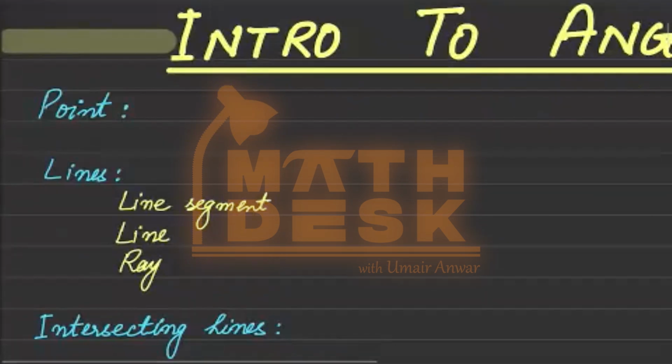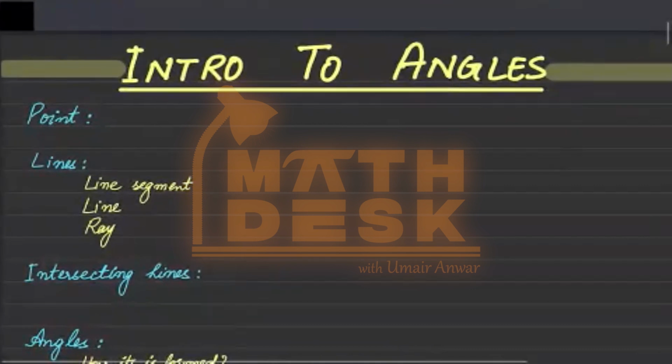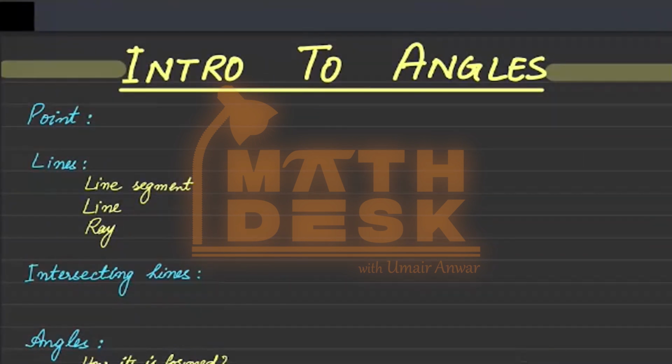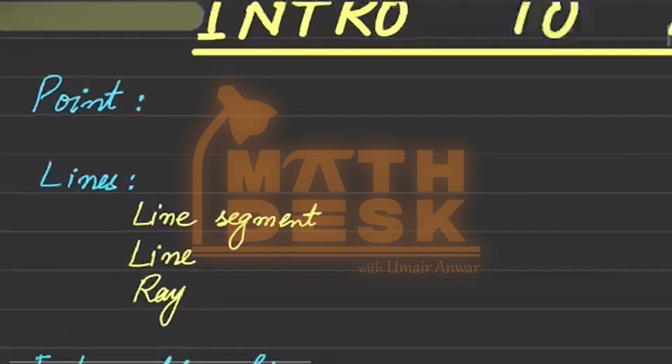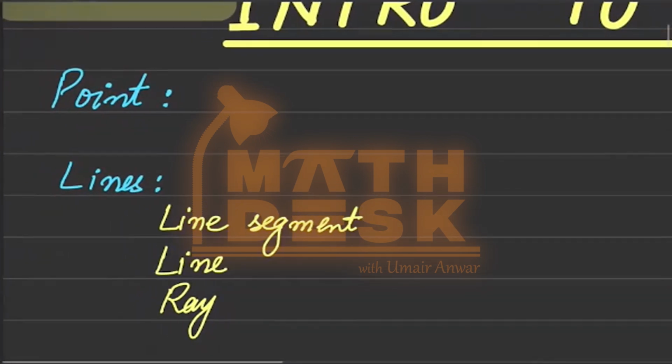Now, the first thing is we need to introduce ourselves to the angles. And for the introduction of angle, the first thing that we need to know is what is a point. It is the most basic geometric figure that we have.